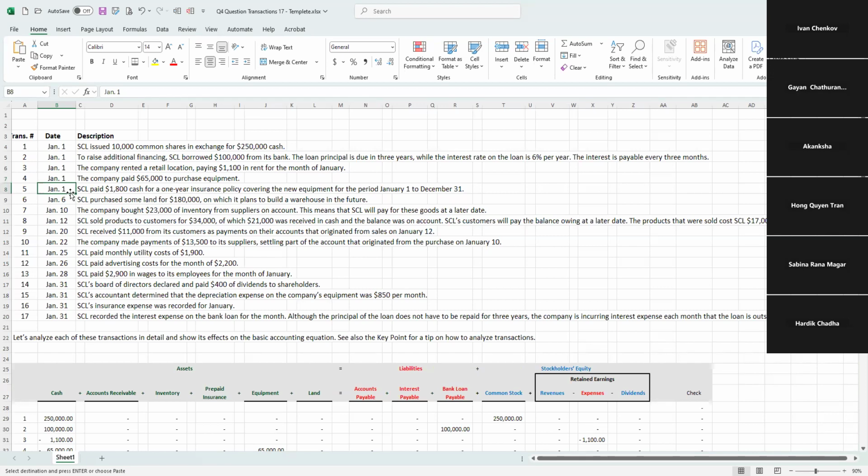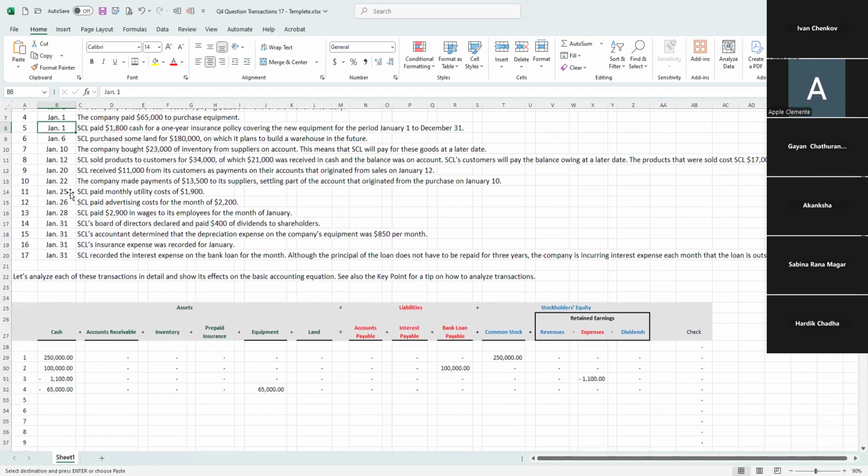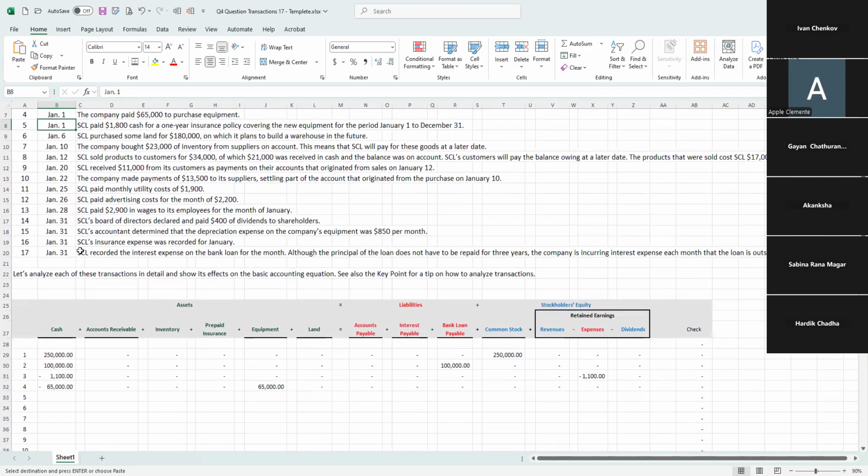Have we used the insurance? No, not yet. So, can I show it as an expense? No. It will be prepaid insurance. Make sense? Yes. Okay. So prepaid insurance is going to go up by 1,800.